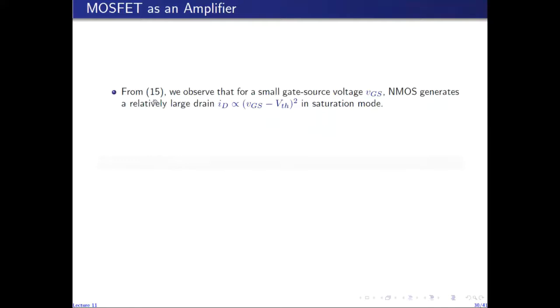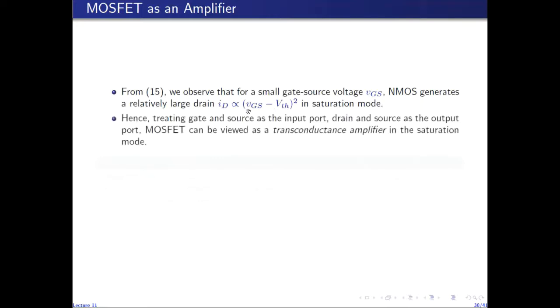So from the equation of the drain current in the saturation mode, which I'll call the saturation current, given in equation 15, we see that the drain current is proportional to the square of the gate to source voltage. So the drain current has quadratic dependence on the gate to source voltage.